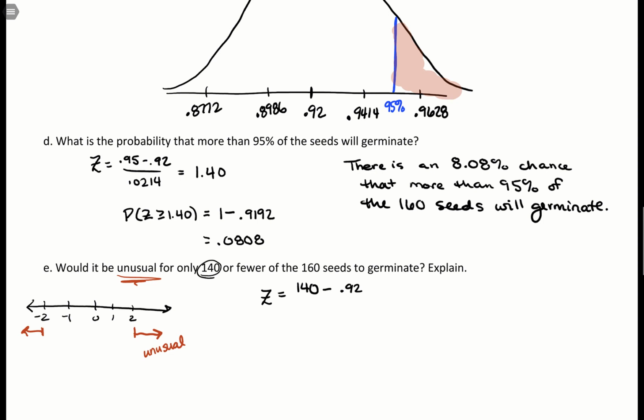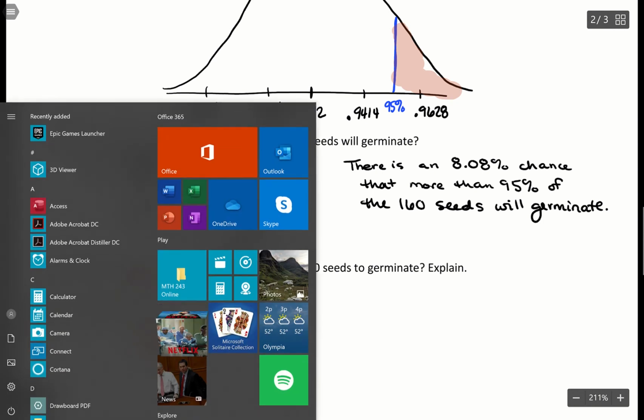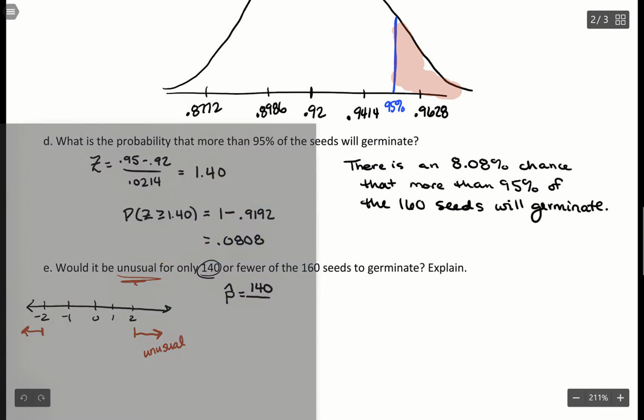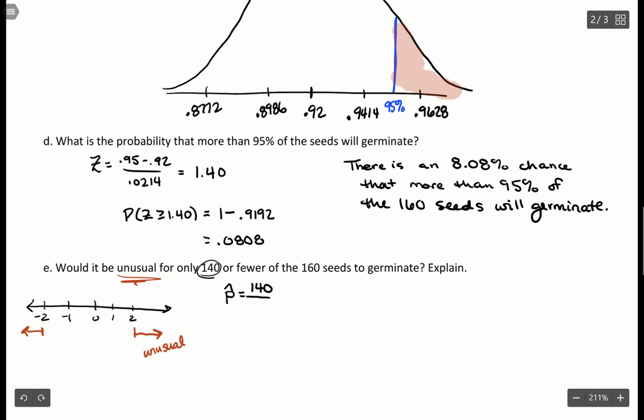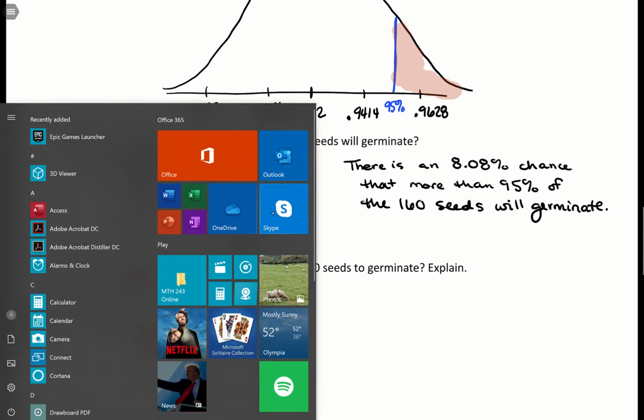So our mean and standard deviation don't line up with how 140 is being represented. So instead, before we start calculating that z-score, we want to change that 140 into a proportion, a percentage out of 160, so that it can compare to that mean and standard deviation.